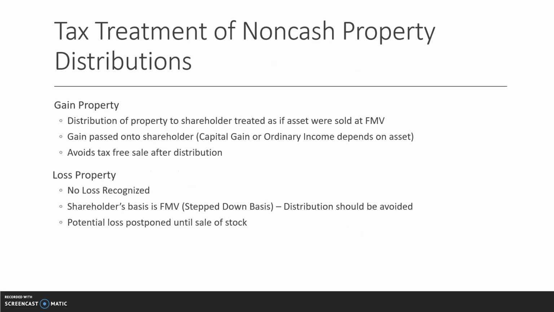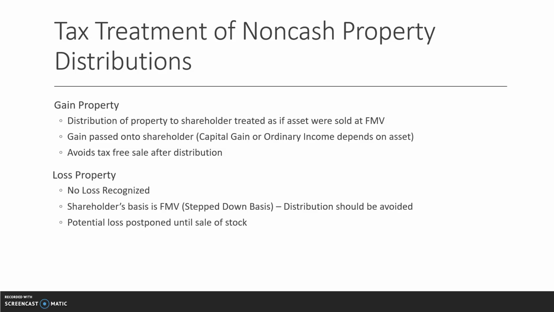All right, let's jump into the final slide here, which is going to be gain and loss property. So distribution of property to shareholders is going to be treated as if the asset was sold at its fair market value. So the S Corp is going to recognize a gain on the distribution of appreciated property.